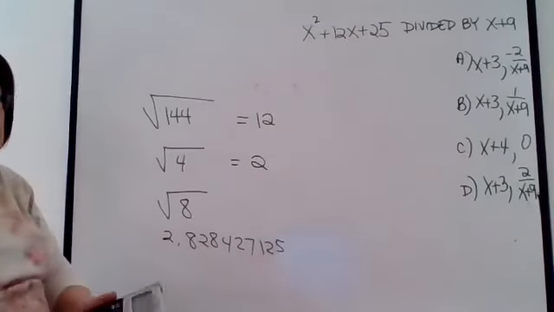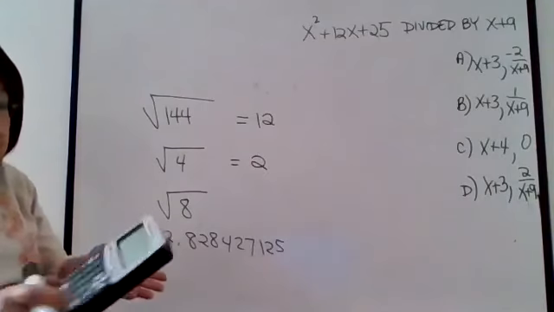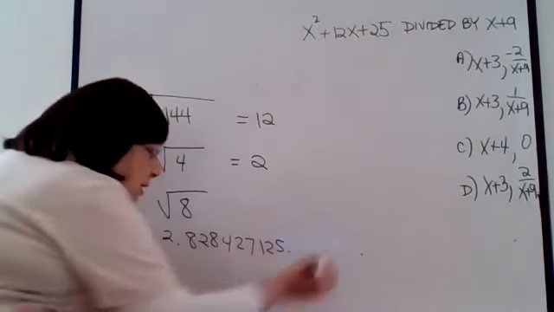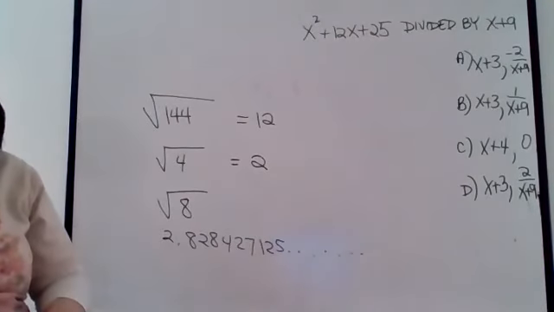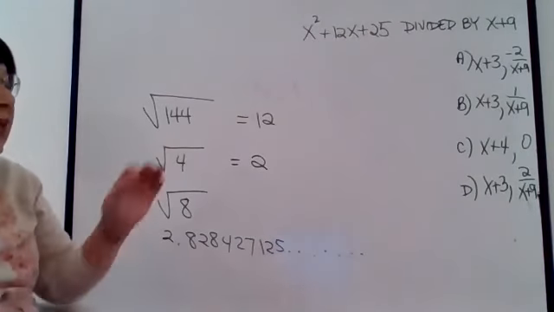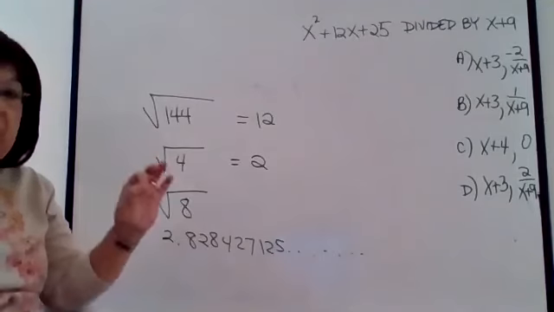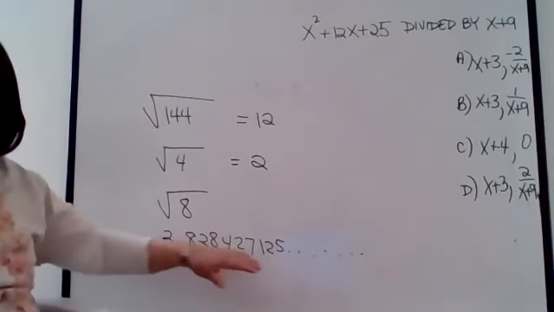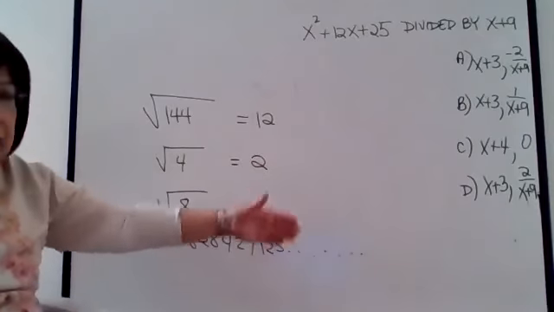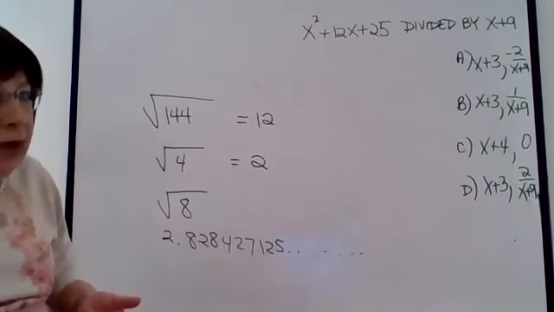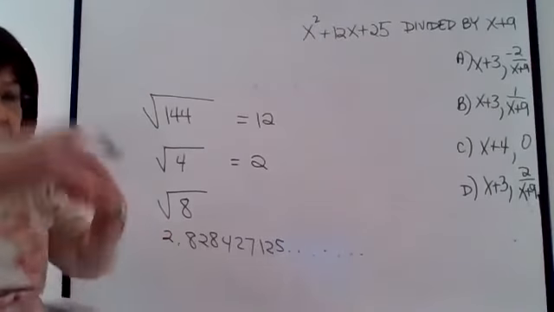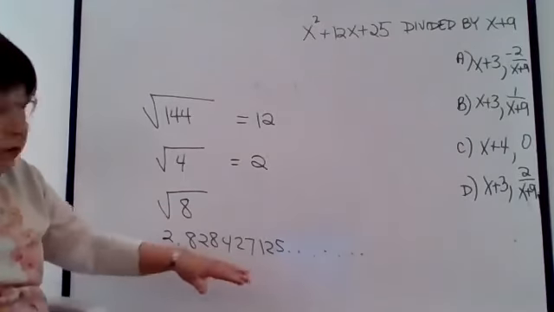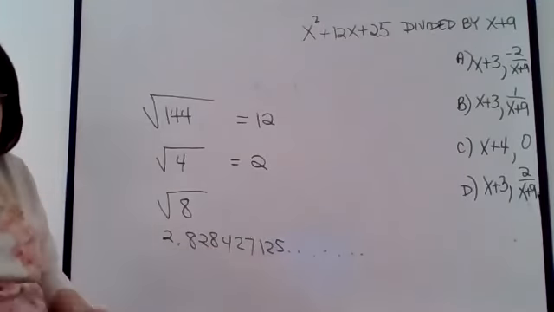It stops right there because I don't have more room for more digits, but actually it keeps going on and on and on. It's what's called a non-ending, non-repeating decimal. If you notice, there's no pattern here. My calculator has room for 10 digits and it filled up all 10 digits.